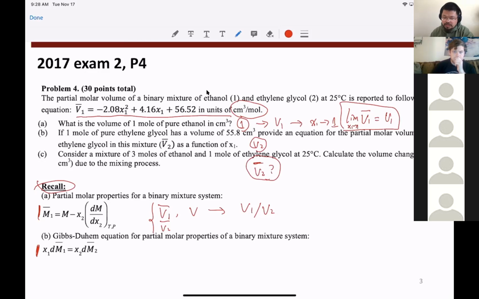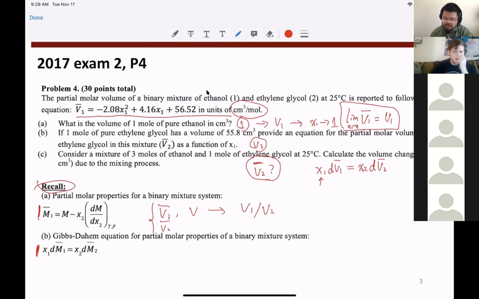So there you need to think about how I'm going to come up with the equation. Potentially we could have two different equations to calculate V2 partial. The first one is if we stick with the Gibbs-Duhem equation, this will tell us x1 dV1 partial would be the same as x2 dV2. All right, so that may be one useful equation because we know x1 and the connection with x2.